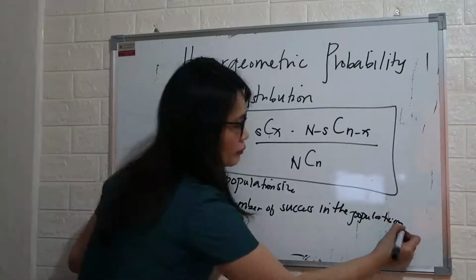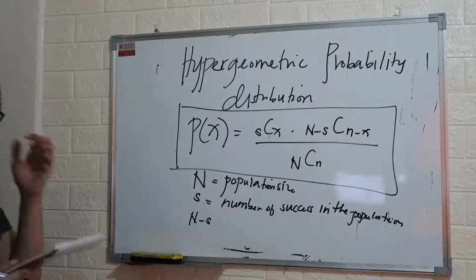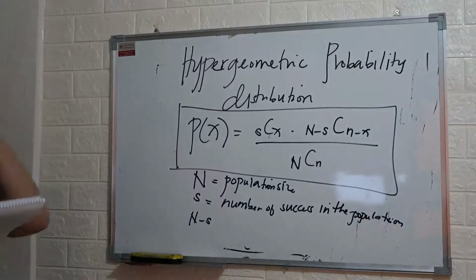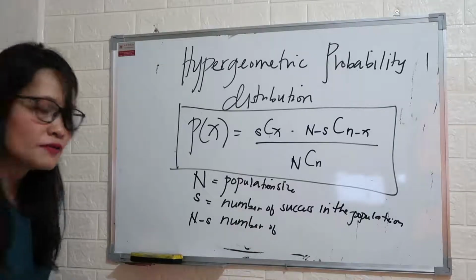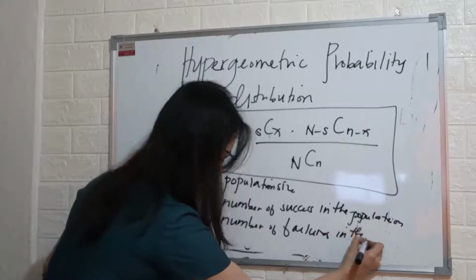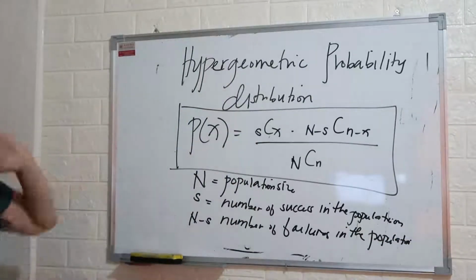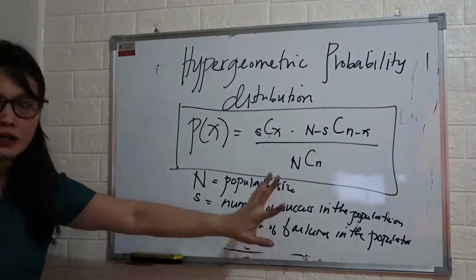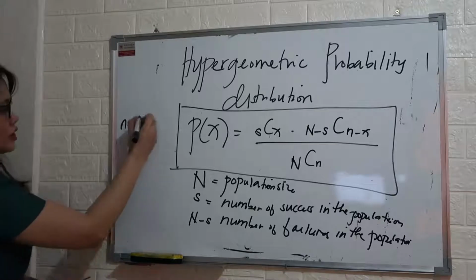N minus S, number of failures in the population. Take note of the following. And lowercase n will be the sample size.